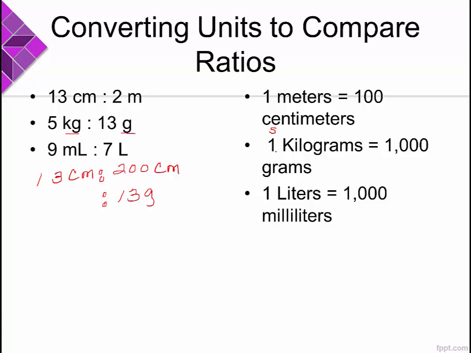Here's our conversion. 1 kilogram equals 1,000 grams. We have 5, so it is 5,000 grams compared to 13 grams.